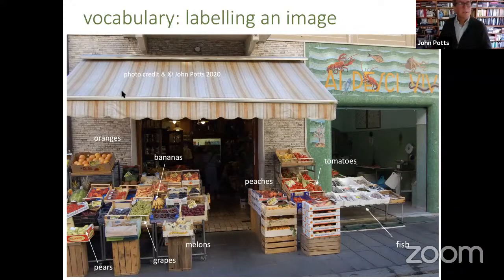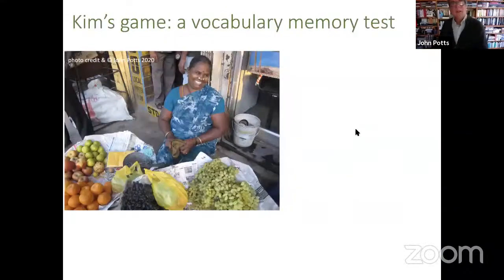Okay, so this is called Kim's Game. Do you know Kim's? Have you heard of this? Kim's Game? It comes from a novel. The name Kim is the name of a boy in a novel called Kim, written by Rudyard Kipling, who was a British writer who was born in India and wrote about India.